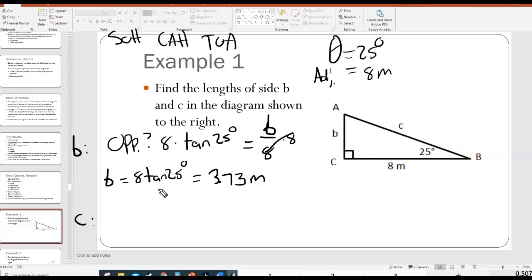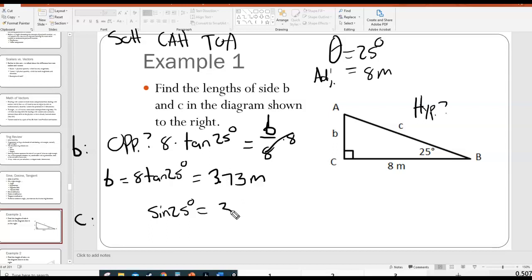Or I could use another trig function, because now I want to find the hypotenuse. That is my unknown. So I would pick one of these trig functions that has hypotenuse in it. Let's say sine. I would write down that sine of 25 degrees is equal to opposite over hypotenuse.